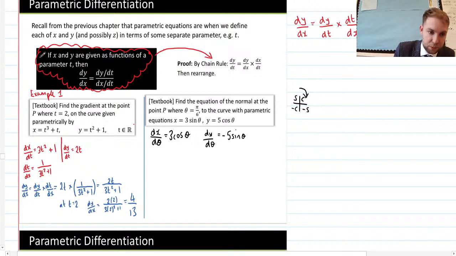Now remember, we don't want dx by d theta, we want d theta by dx. So we need to do the reciprocal of this, which is d theta by dx is equal to 1 over 3 cos of theta.